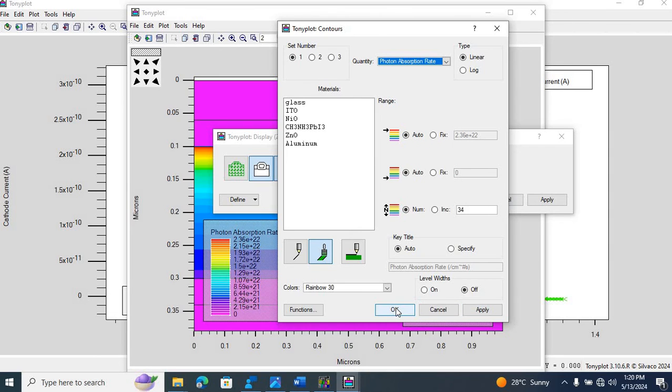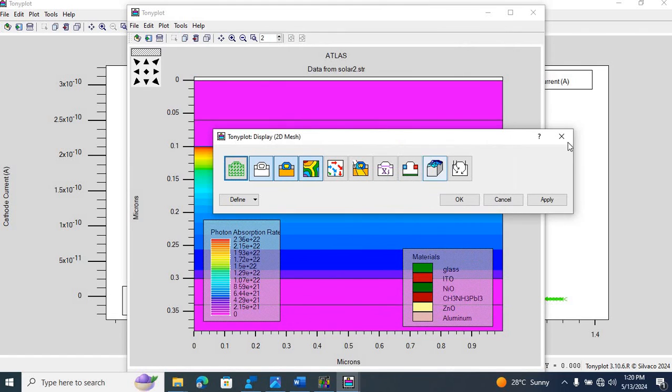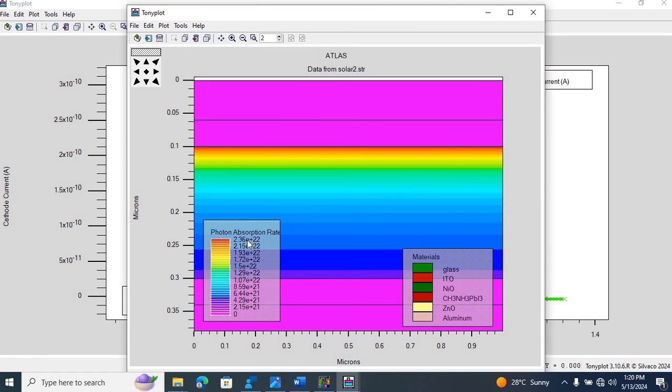Then hit apply, click OK. So we see over here, looking at the reference chart, that the photon absorption is high in the active layer inside the perovskite layer, and it's really low in the remaining layers.